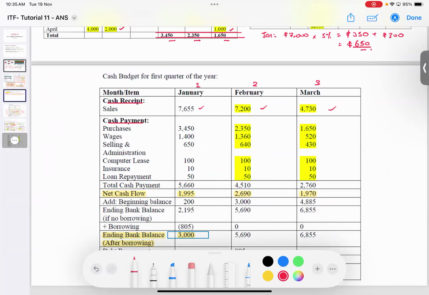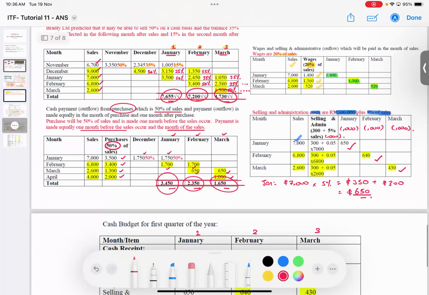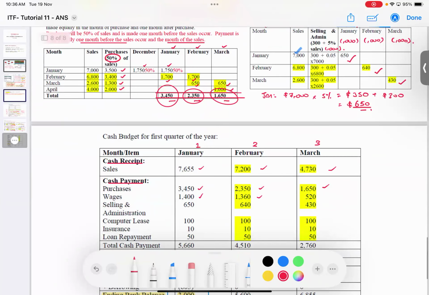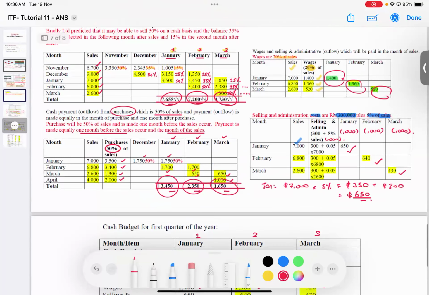First of all, purchases, all this value here. I also put up 2 sample tables in your Drive folder. You can have a look into the samples of how the cash flow is being drafted. Now wages, we calculated this amount. Selling and administration costs, we calculated just now.